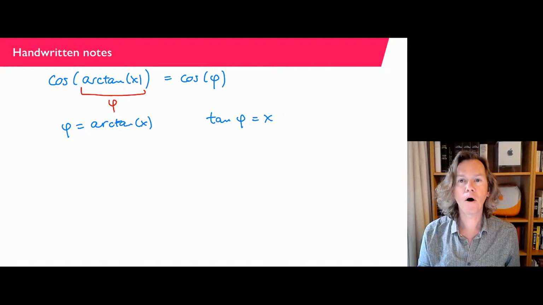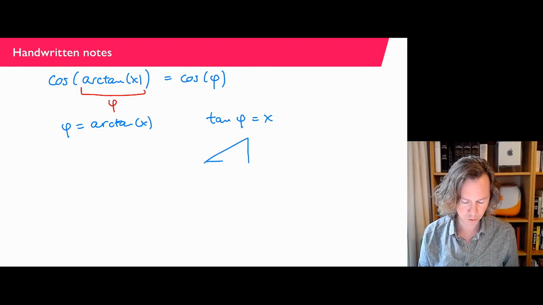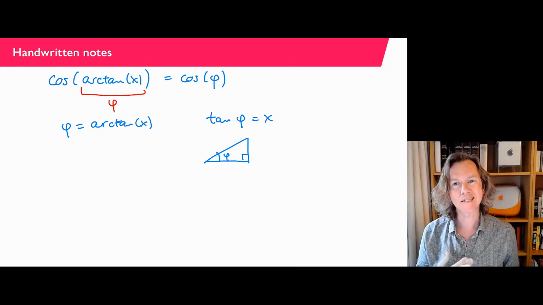And now this is the part where you have to draw a little triangle and then use the rules with SOH CAH TOA, is the way you may have heard it. But basically, if we have something like this, then we can draw a triangle with an angle phi, a 90-degree angle. And then we know that the tangent is the length of the opposite side over the adjacent side.